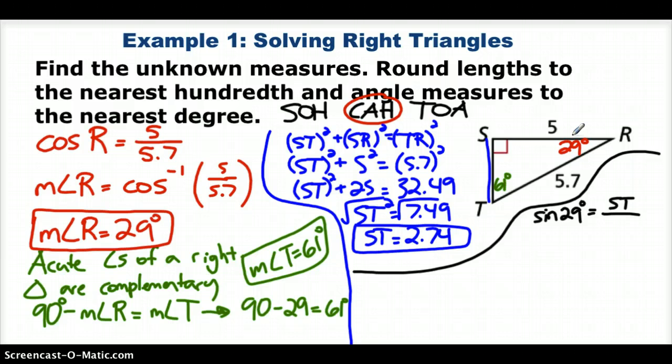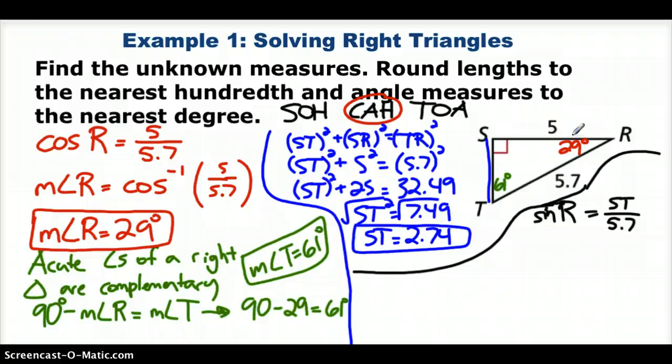Because it's opposite over hypotenuse for sine, I'm going to write this as 5.7. Actually, sorry, I'm not going to write this as 29 here, so forgive me for my mistake. I'm going to write this as the sine of R, however many degrees R is, the sine of R equals ST over 5.7, because 29 was not an exact value here.